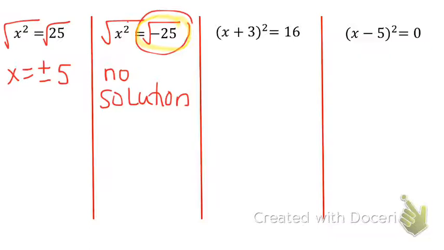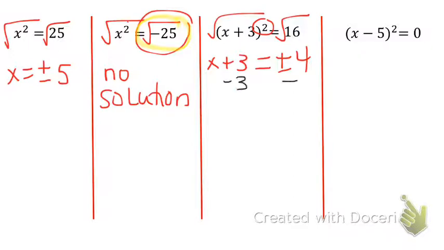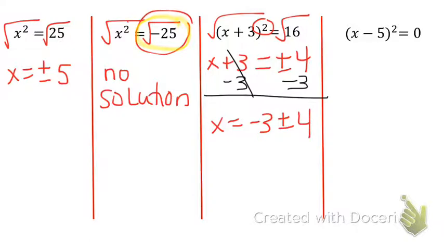Okay, the next one is what it looked like in the middle of the problem when we were completing the square. This is already a completed square. So I can undo the square by square rooting both sides. And then you get x plus 3 equals plus or minus the square root of 16. So plus or minus 4. Subtract 3 on both sides, and we get two answers. x equals negative 3 plus or minus 4, and those are like terms.